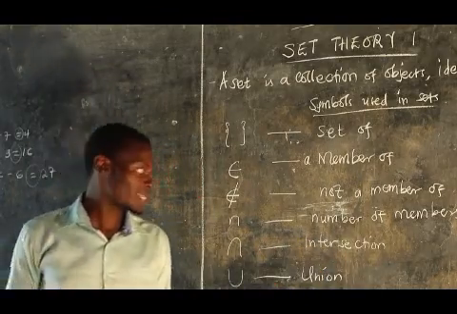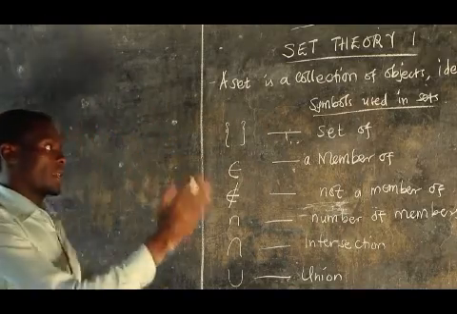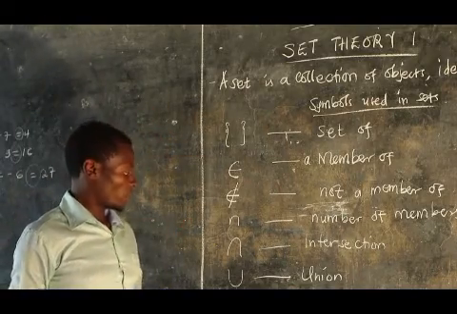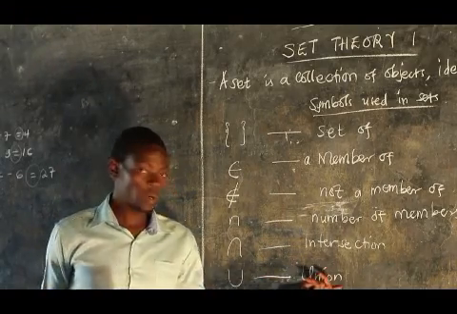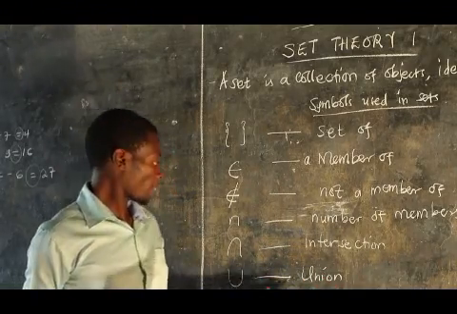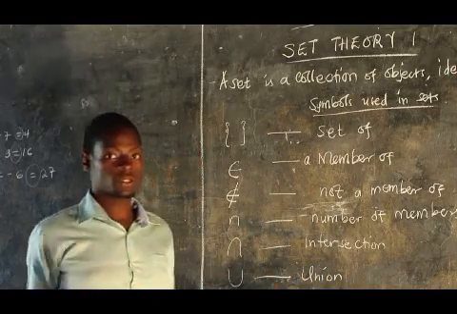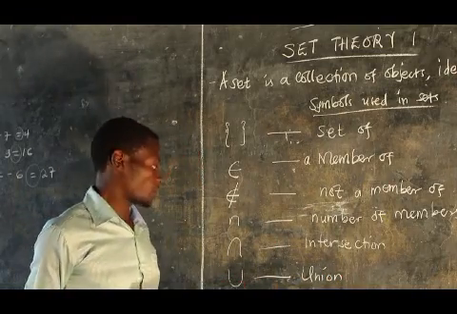Intersection is what is in one set and in another set, the similar things in both sets. Now here we have union sets. The union set comprises of everything we are talking about.